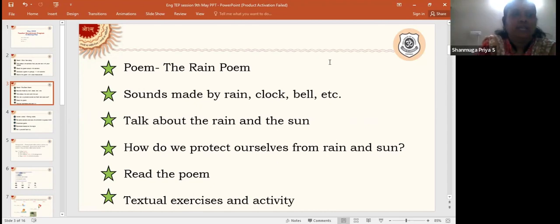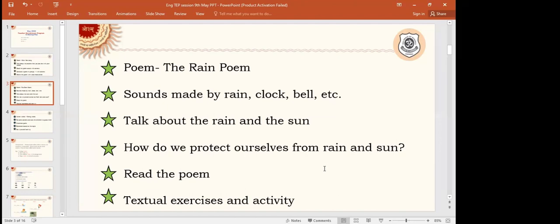So the next stanza is, when the rain is over and the sun begins to glow, little flowers start to bud and grow and grow and grow. Would anybody like to read this stanza? Yes, Vijay Lakshmi. When the rain is over and the sun begins to glow, little flowers start to bud and grow and grow and grow.